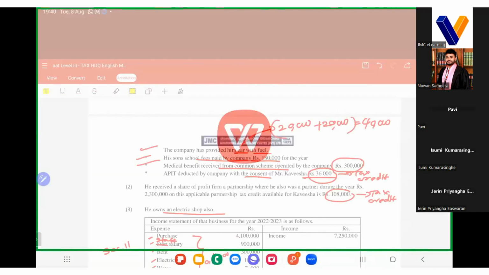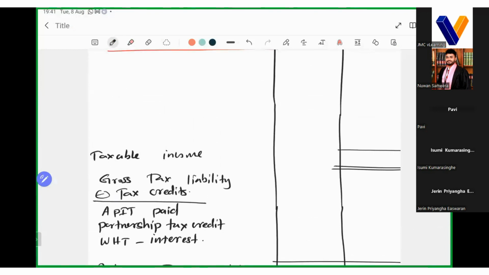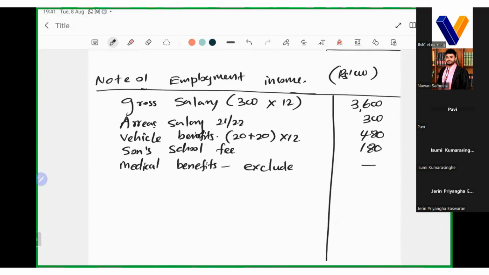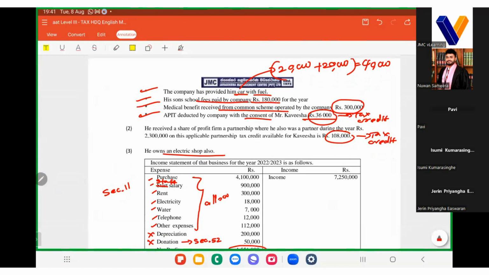In any other employment income case, there is APIT, so it should be 36,000. That should be taken as a tax credit. So here, you can deduct 36. Then he received a share of the profit from a partnership where he was also a partner during the year of assessment. So 2.3 million.